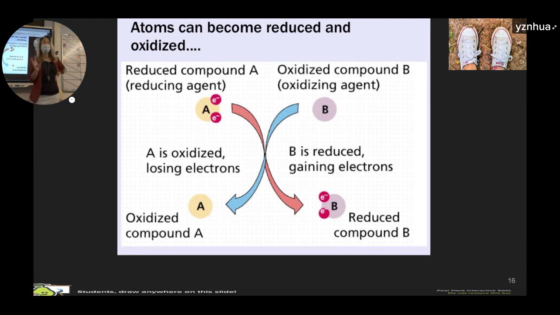The confusing part is that I'm saying reduced, yet I have more energy. The reason you use reduced is because what do I have more of that would reduce my charge? Electrons. And electrons equal energy. So the more electrons I have, the more negative charges I have, so I become reduced.